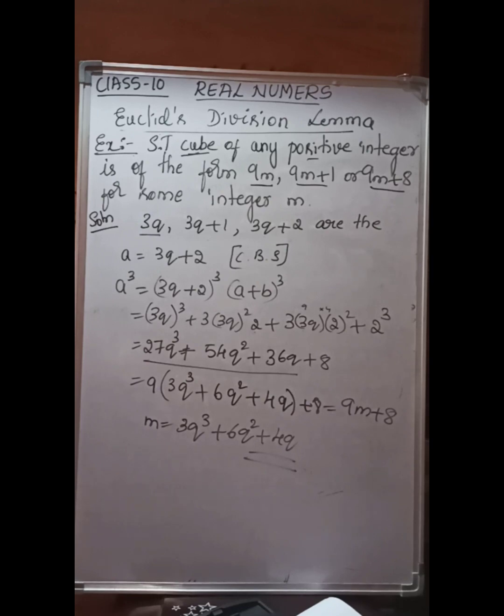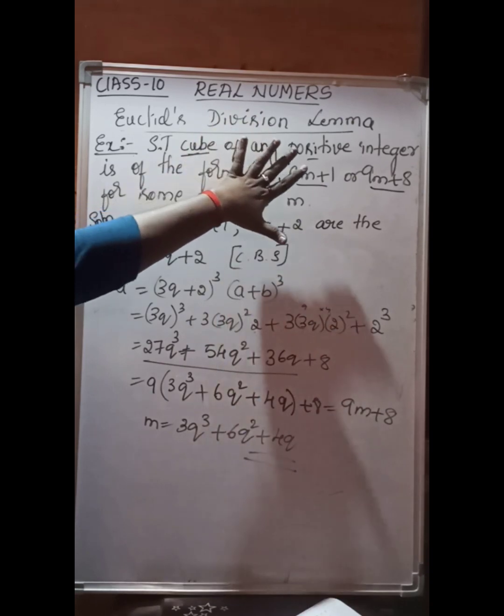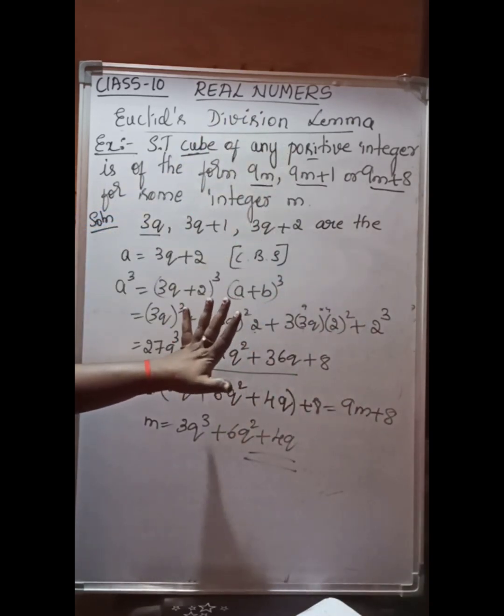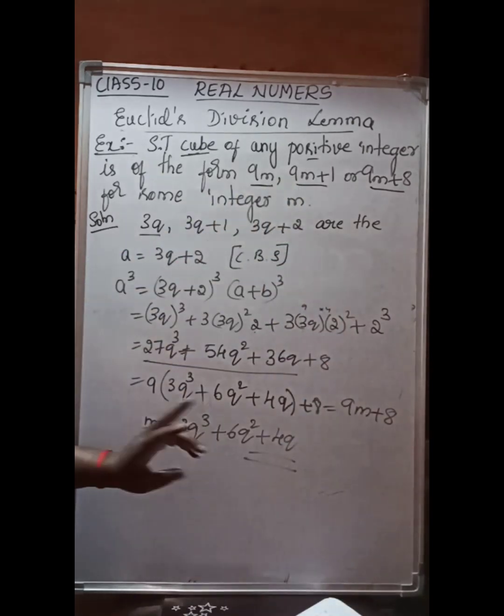Now let's move on to the next topic, that is Euclid's division algorithm. I hope you understood this. They will give, see, this is the already proved statement. So we have to assume any one of the conditions and use this one to prove another statement. This is what Euclid's division lemma is.